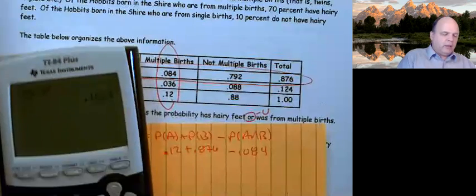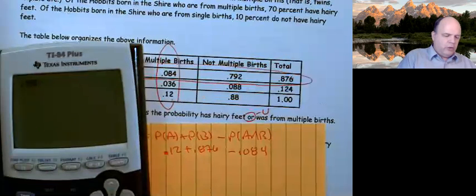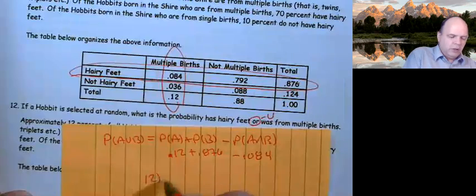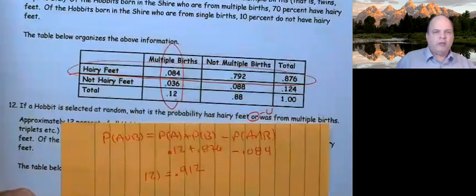When we do that, 0.12 plus 0.876 minus 0.084, we end up getting that number 12 equals 0.912. All right, so that's number 12.